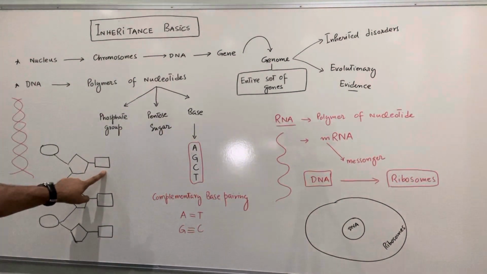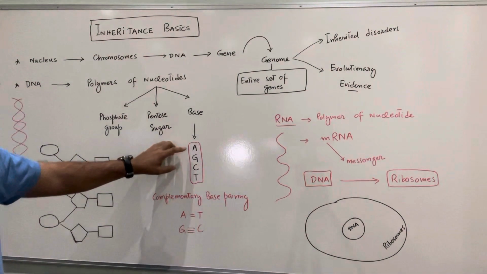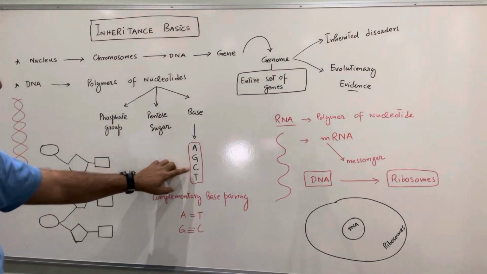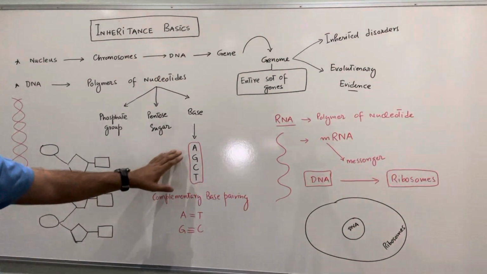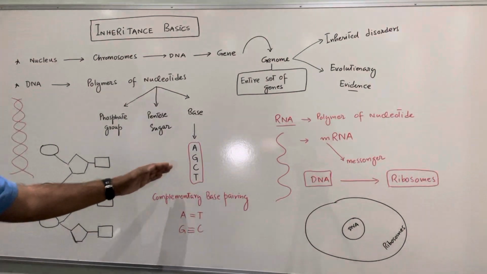Each nucleotide can have one of four bases. The four bases are A for adenine, G for guanine, C for cytosine, T for thymine. But one nucleotide will have only one of these.